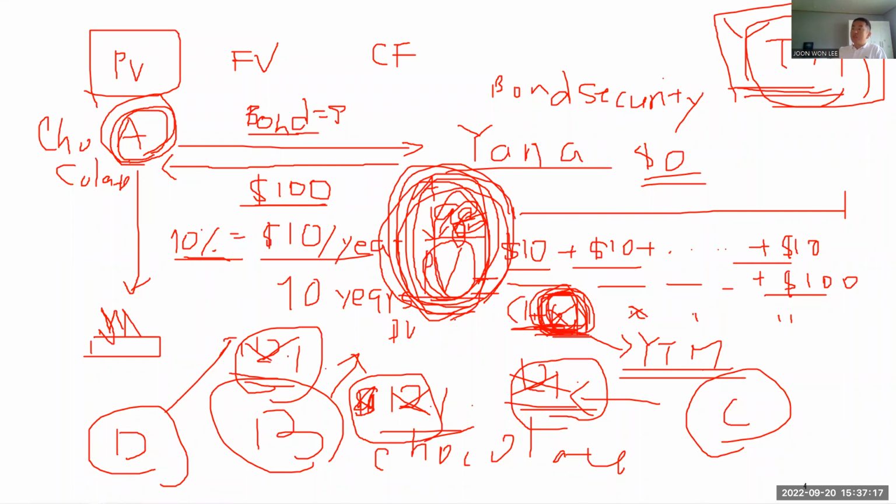So if you purchase this bond at this market price, which produces these cash flows, this is the rate of return you expect, the yield to maturity. The yield to maturity is the total rate of return you want to get from investing in the bond and holding it to maturity.